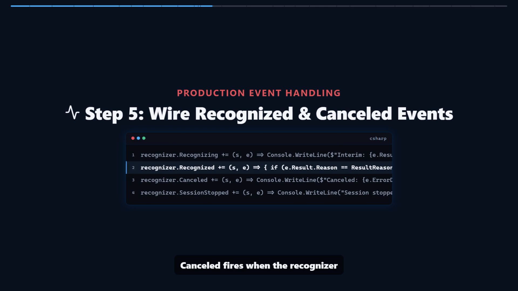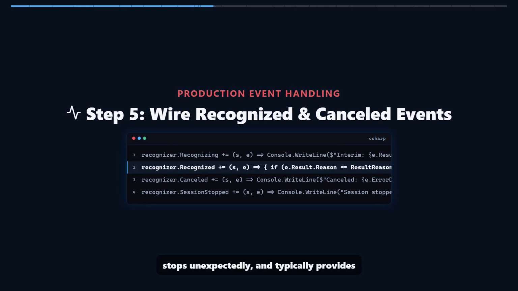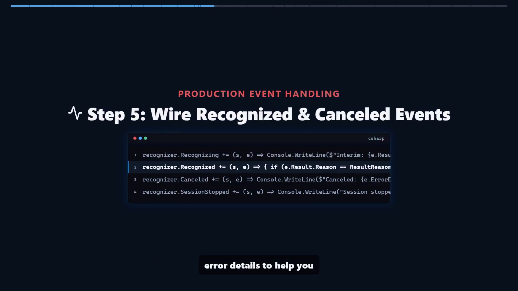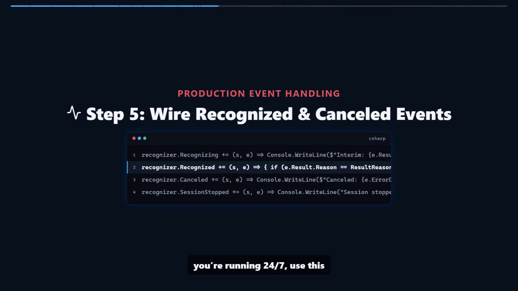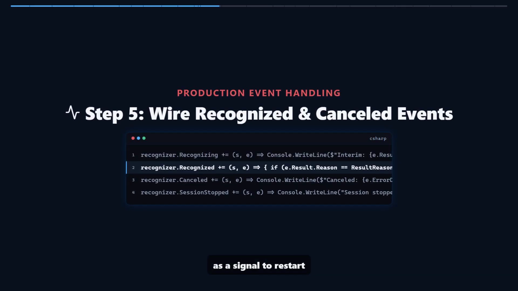Cancelled fires when the recognizer stops unexpectedly and typically provides error details to help you diagnose. Session stopped indicates the end of a recognition session. If you're running 24/7, use this as a signal to restart recognition and keep the listener alive.